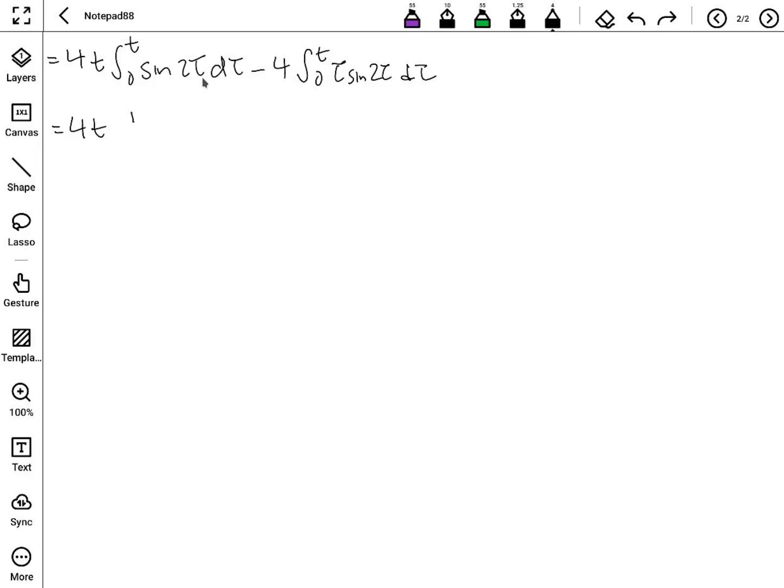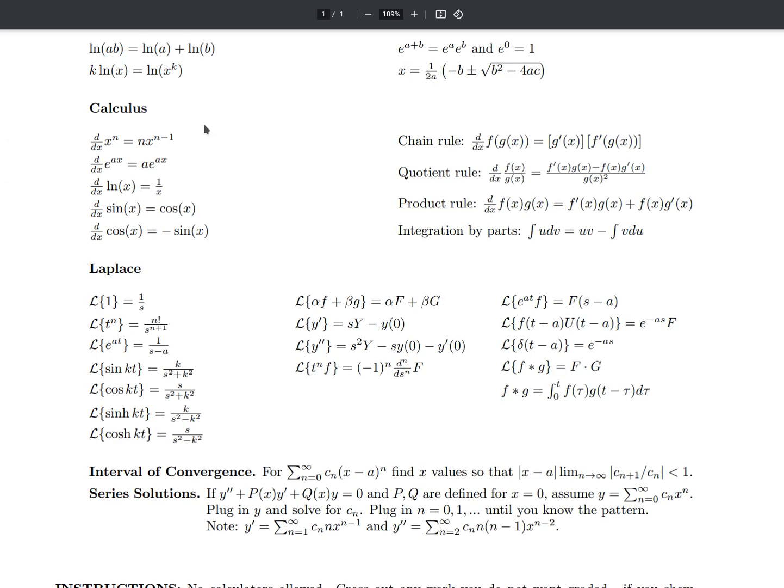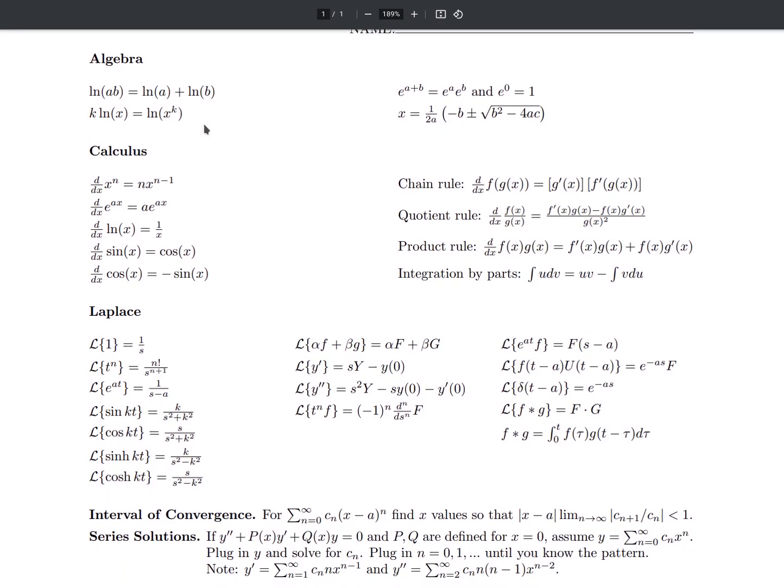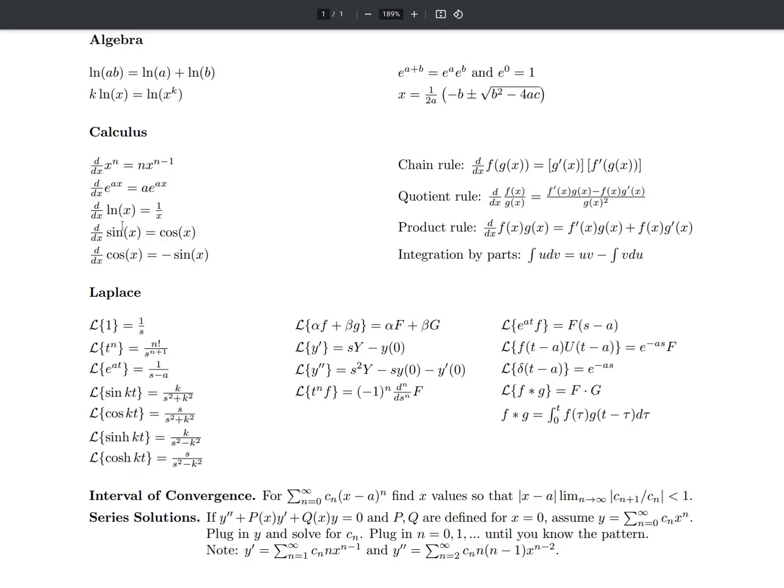I'm going to pull out a 1/2 because of the 2 inside, and then I just look at my equation sheet that tells me integrals. So when I integrate sine, it's going to throw a negative sign, I think. Let's think about that. Derivative of cosine is minus sine. So integrating sine is minus cosine.